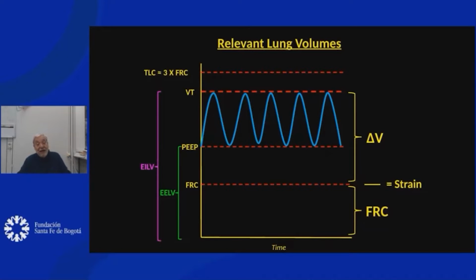So let's see, if I have an FRC in a very severe patient of 500, half a liter, my total lung capacity is about 1.5 liters, about 2.5, 3 times the FRC. Then it's quite easy to see that if I overcome the total lung capacity at each breath, the damage may be relevant.